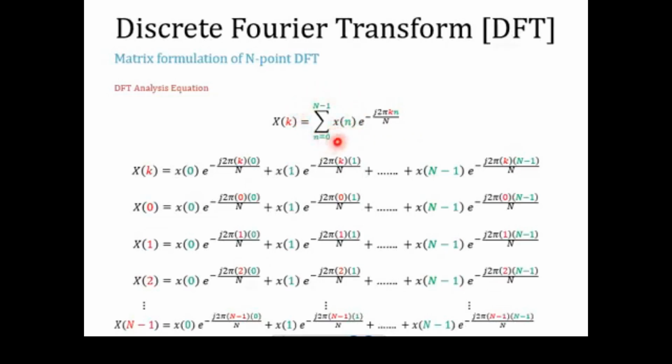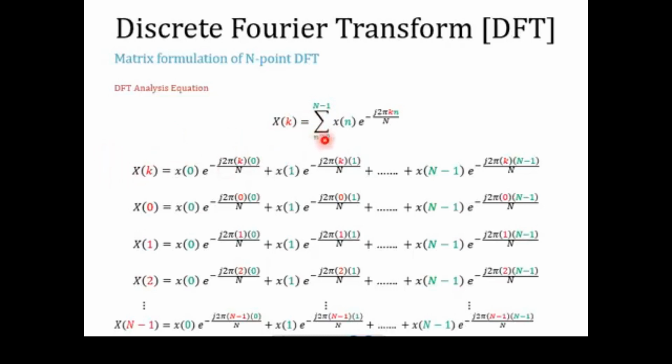As we already know, the value of small n and the value of small k will go from 0 to N minus 1, because the length of small n and small k is capital N. So in order to get a set of equations, we can simply substitute the value of n from 0 to N minus 1. So let's check the first equation.